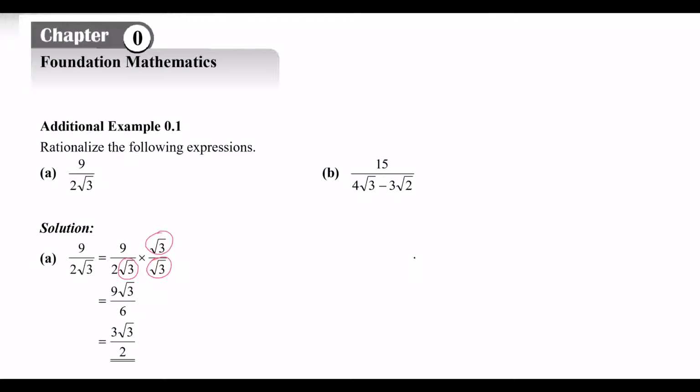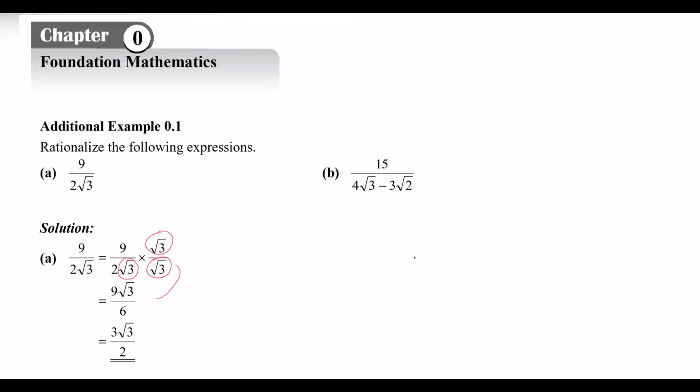And then we just treat them as usual fractions. We multiply the numerators together, we multiply the denominators together, and therefore we have 9 times square root 3, which gives us 9 square root 3. And for the denominator, we have 2 times square root 3 times square root 3. It means 2 times 3. That's why we have 6.